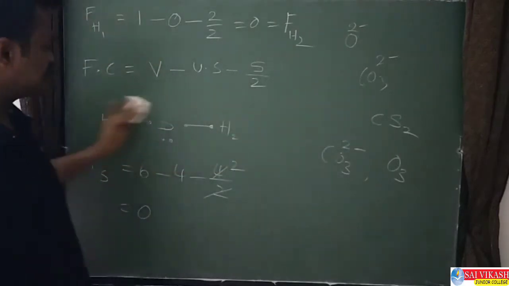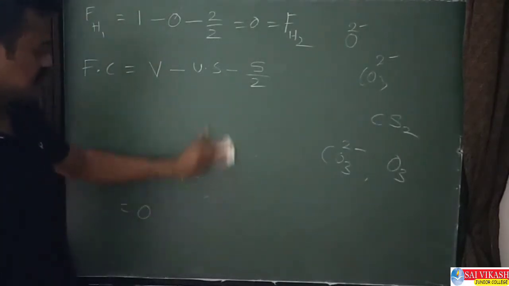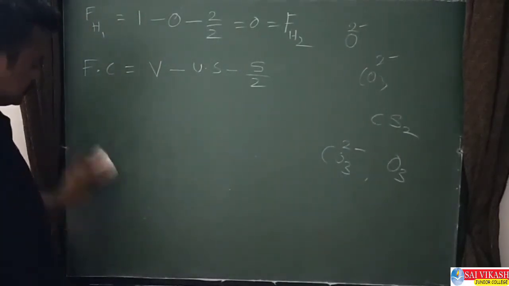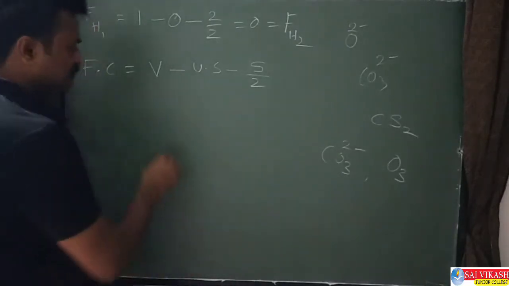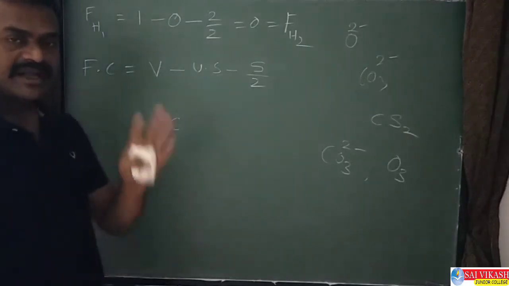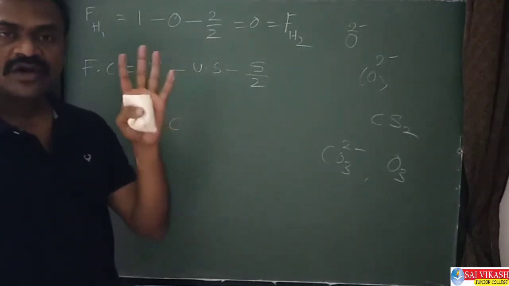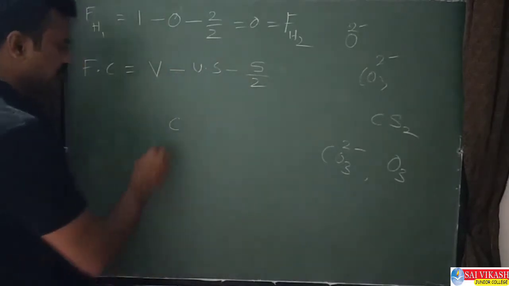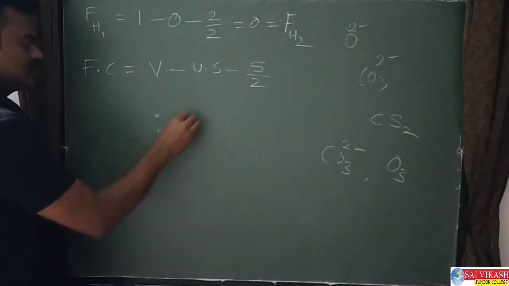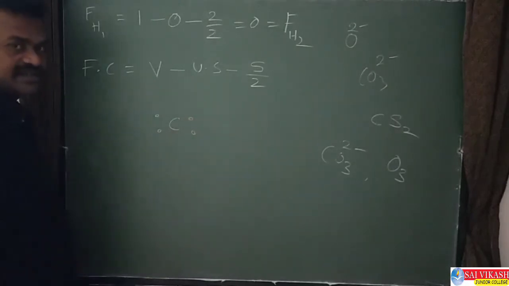Now coming to the CS2. So let's go with CS2. See this CS2 structure I am writing. Central atom carbon. Carbon has 4 valence electrons we know. In excited state all 4 valence electrons mean 4 bonding electrons. See 1, 2, 3, 4 valence electrons.